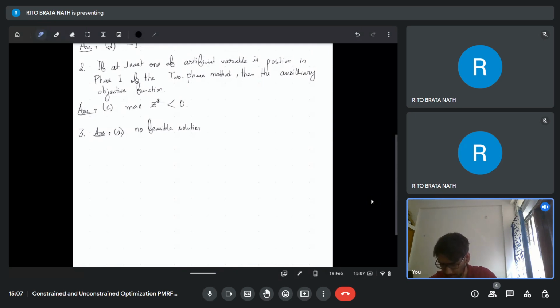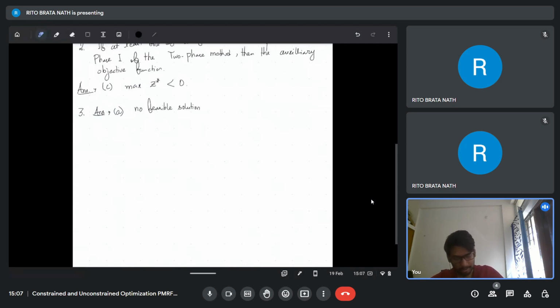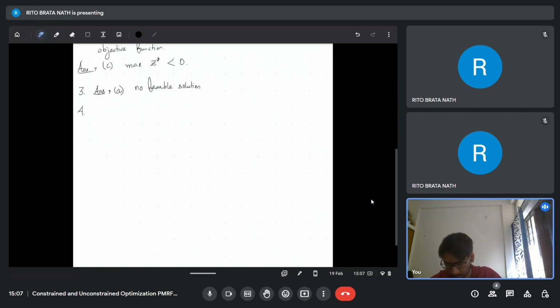So let's solve this using the two-phase method. Let's write it down.